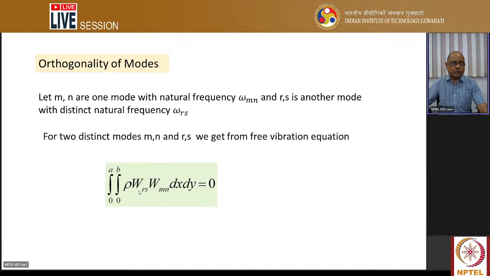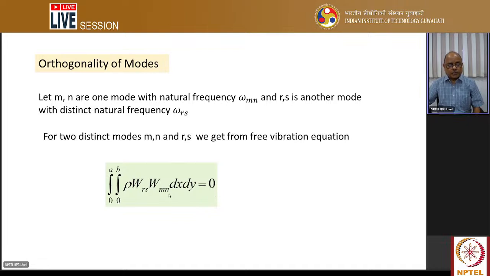So if W_rs is the mode shape in the rs mode, and W_mn is the mode shape in the mn mode, then this orthogonality relationship gives the integral of rho W_rs into rho W_mn dx dy over the domain of the rectangular plate equal to 0.